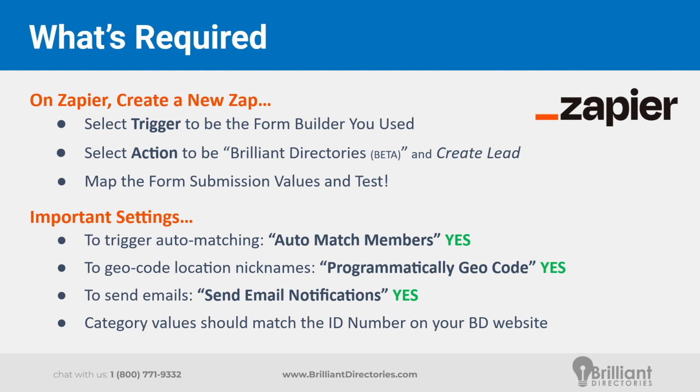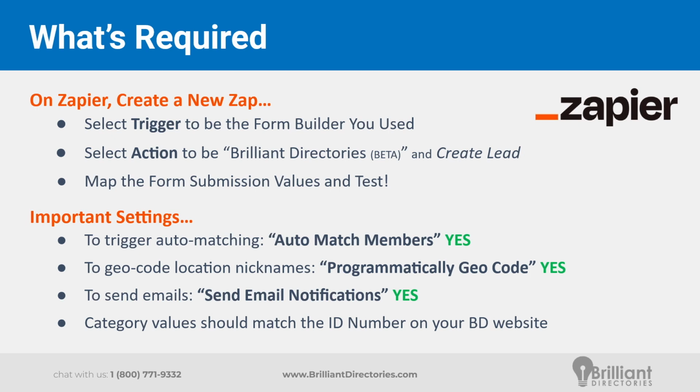And again, we'll show you how we set up the example that we made here in just a few minutes. One other thing are some important settings that you'll probably want to enable when you're setting up this Zap within Zapier. If you have the auto lead matching add-on for your BD website, so that leads automatically get matched to applicable members, then you're also going to want to enable or set to yes the auto match members option for the Zap.